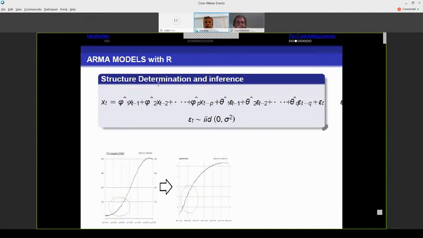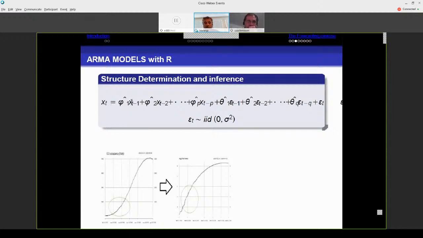And what R does for you is the structure determination. So how many data back in time do I need to capture to rebuild my underlying stochastic process? Okay, today is May 13. This is the positive, the estimate of the positive.